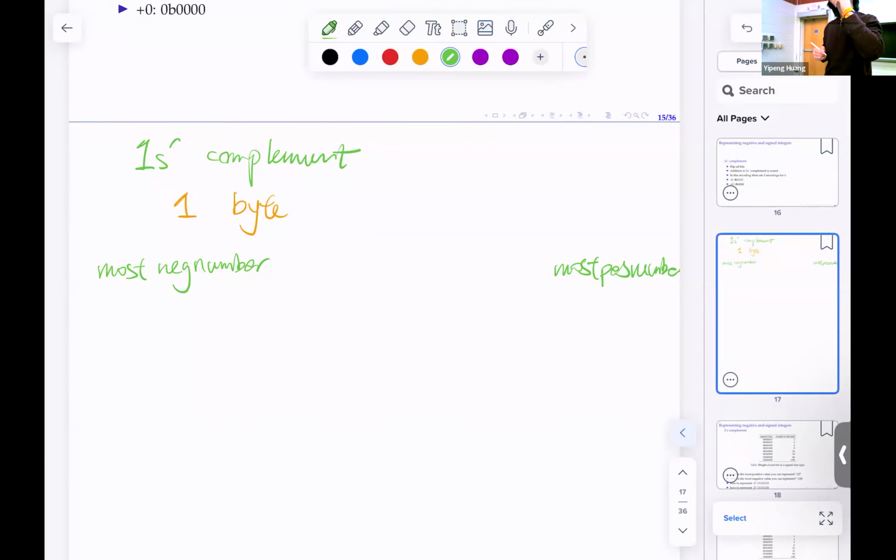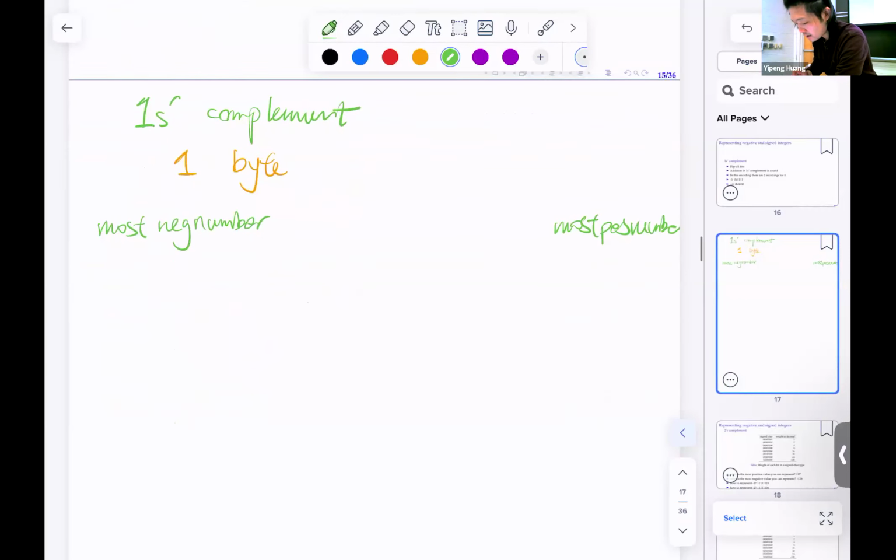8 ones. So what happens if we write down 8 ones? Maybe we'll detour a little bit. How would I write down 0 in this representation?